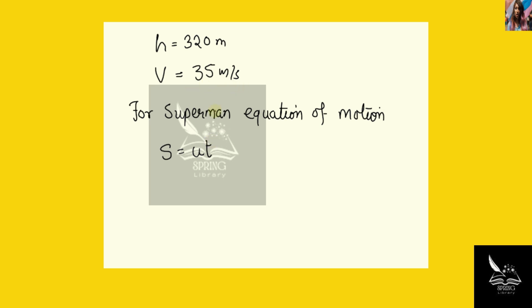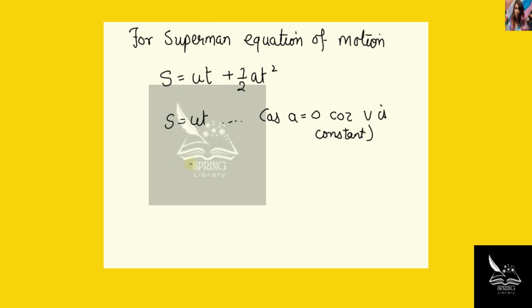Because it is moving with a constant speed, the equation of motion, which should be S is equal to ut plus half at square, becomes S is equal to ut, as a is equal to 0 because this v is constant. The speed is constant, so that is why the acceleration is 0.